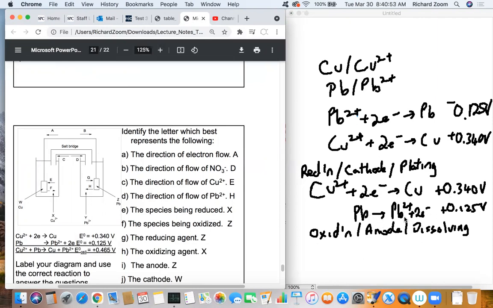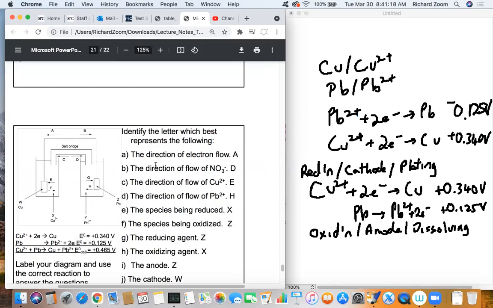The lead is producing lead 2+ plus 2 electrons, and the copper 2+ is accepting 2 electrons. So the electrons are flowing from the lead side over to the copper side. And that would mean that direction is A, going from the lead to the copper.